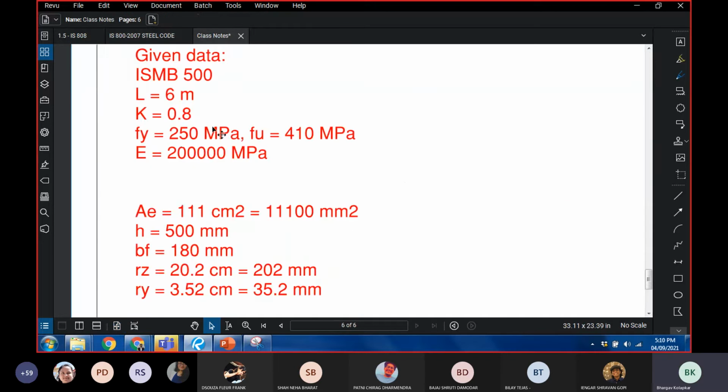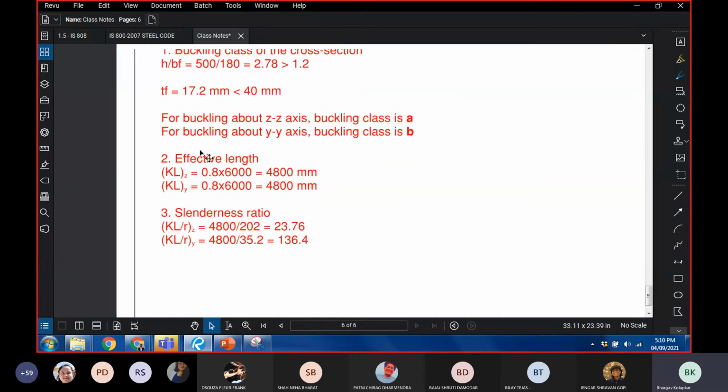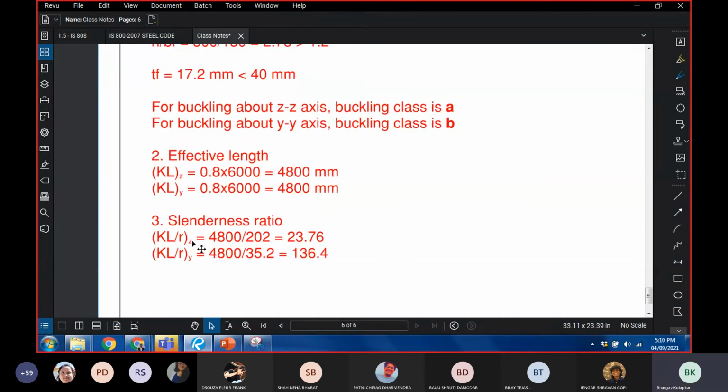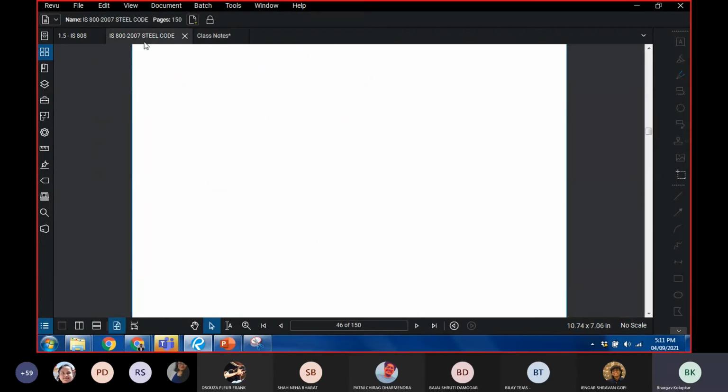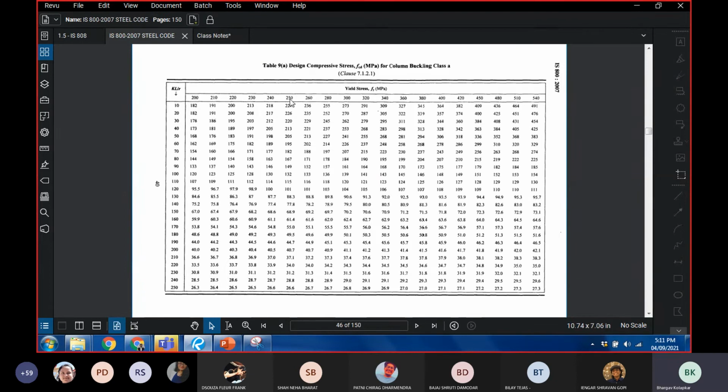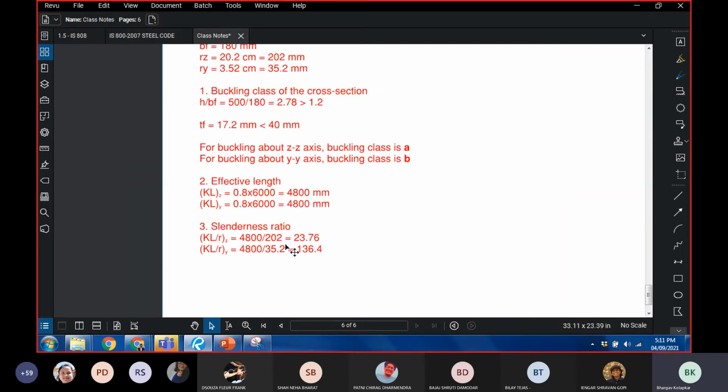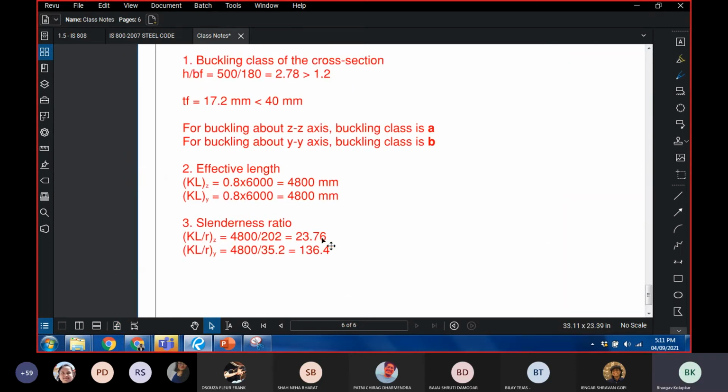Now, if we go back to whatever we have computed so far, the KL upon r about the Z-axis is 23.76. So we go to the steel code. For 250, we look at a number between 20 and 30 because we have to find the value of fcd for 23.76.